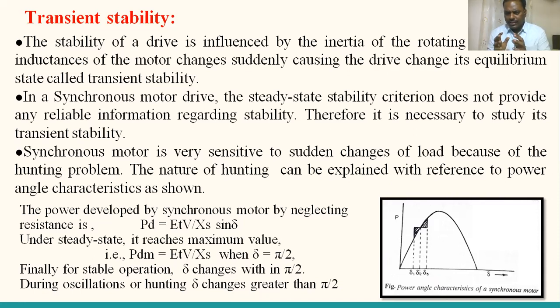So this load angle or power angle characteristic clearly explains the operation of the drive in the stable region as well as the unstable region. From 0 to pi by 2, the drive operates in stable operation, and beyond pi by 2, the motor faces oscillations or distortions due to hunting.